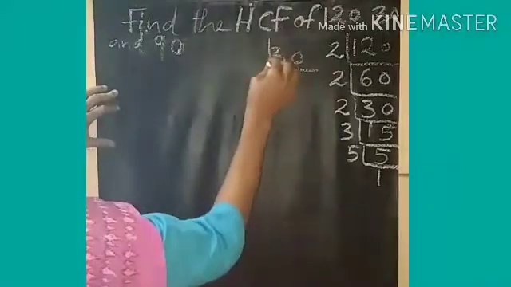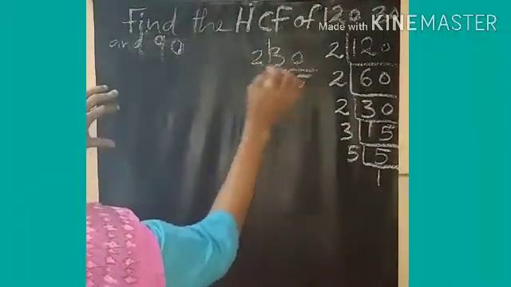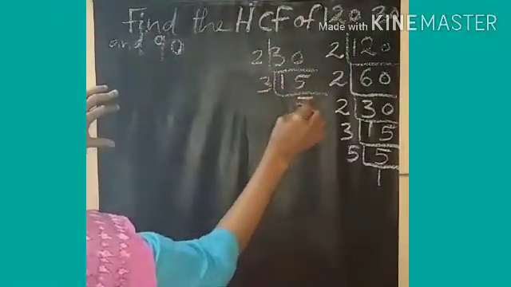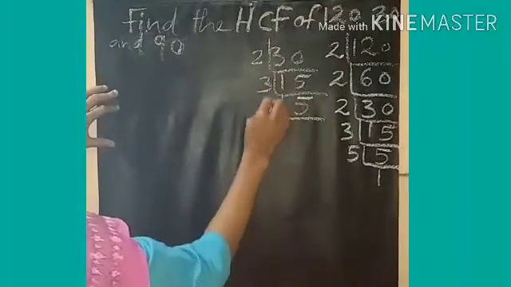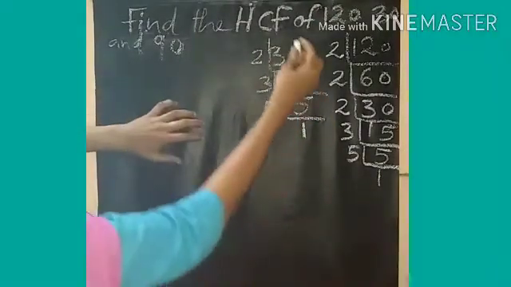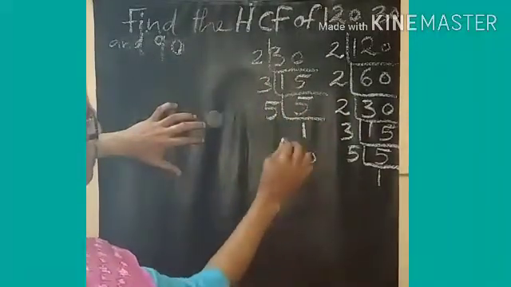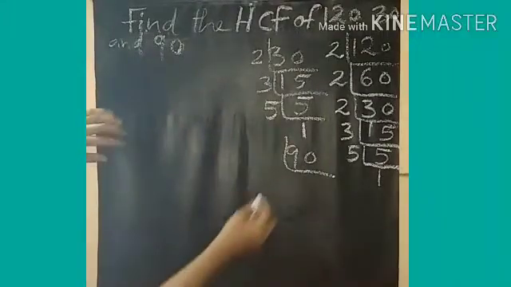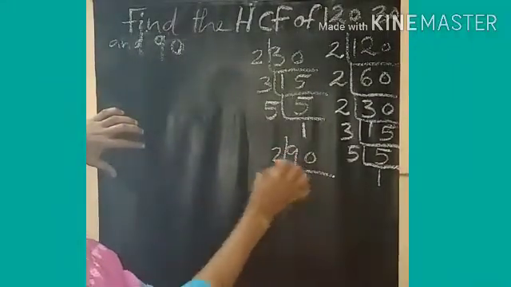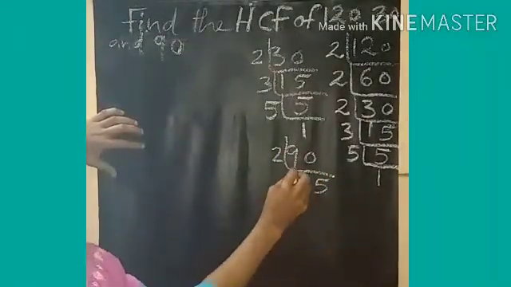30. Then 2. 15 into 2, 30. Then 3. 5 into 3, 15. Then 5. 1 into 5, 5. Okay. Next 90. 90 divide by 2. 45 into 2, 90.